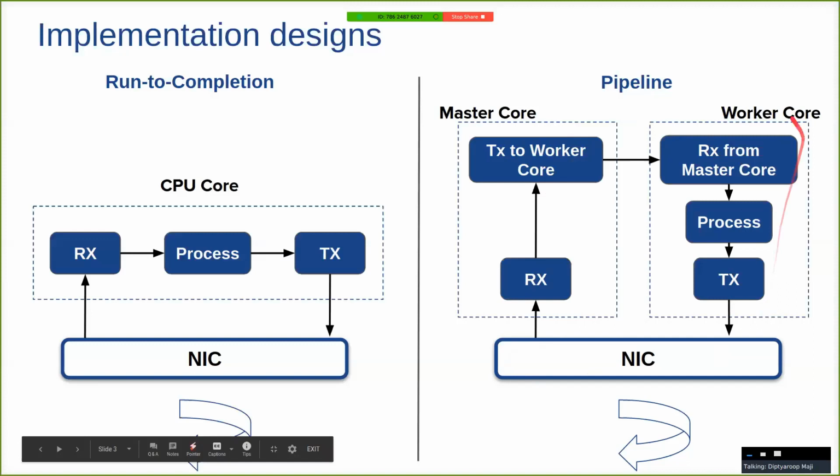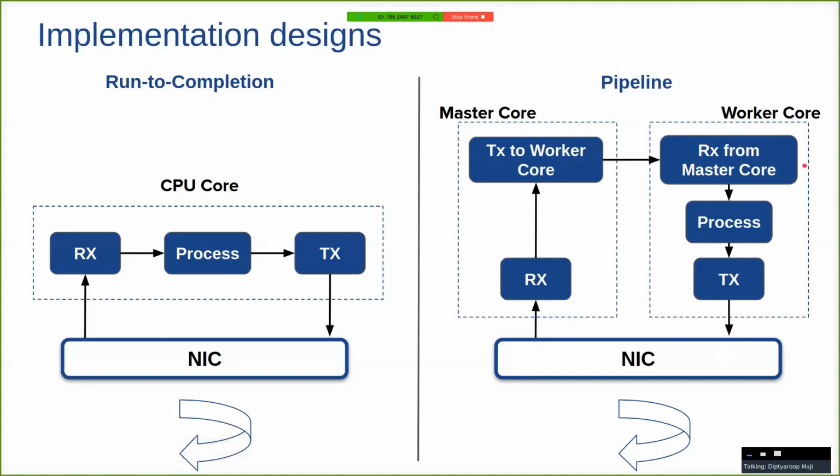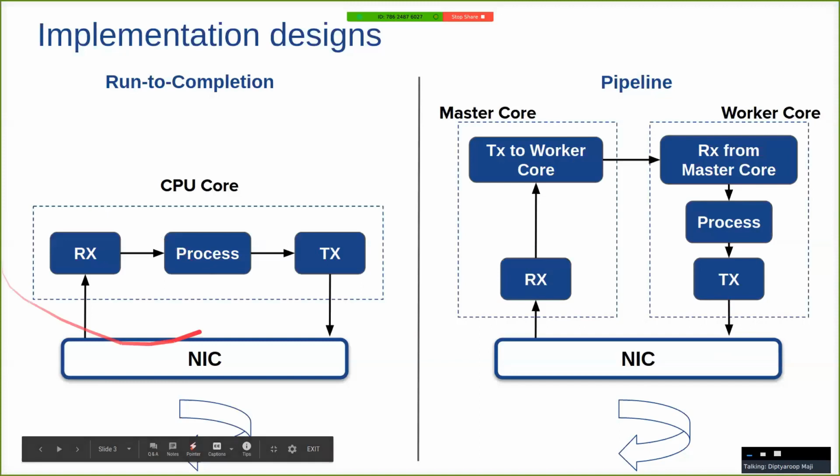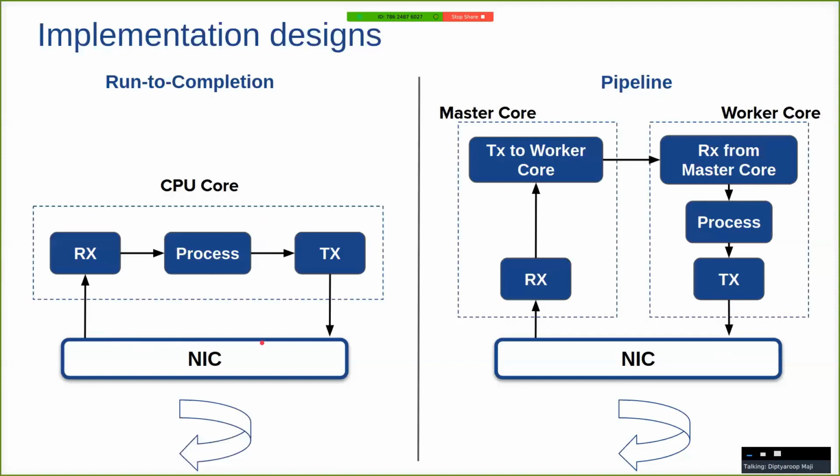Note that while the worker core here is processing the packets, the master core is free to receive more packets from the NIC. Whereas this was not possible in the RTC design. Why? Because whenever a core is processing, it is in the process state and it cannot receive the next batch of packets unless it transmits the current batch.